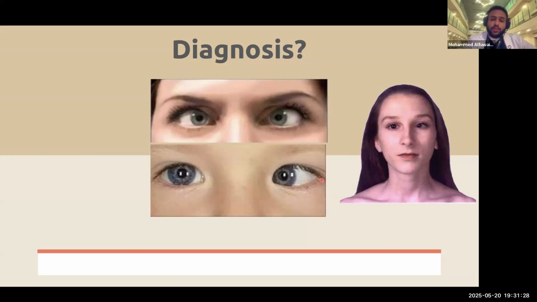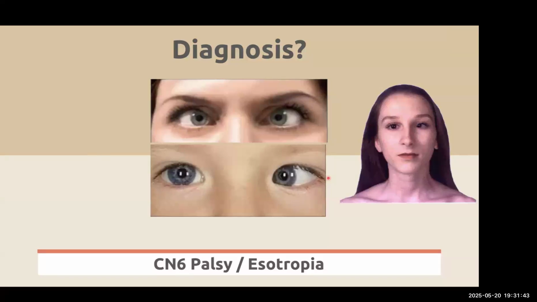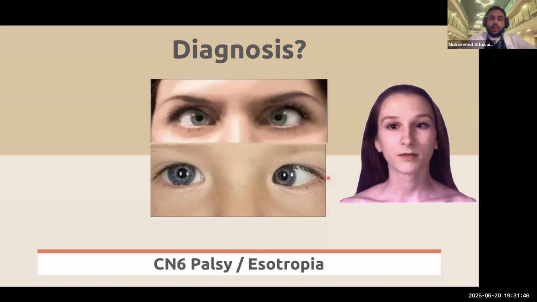Excellent, good. This is the involvement of cranial nerve 6, which is going to be the lateral rectus. Good. So this is what we call esotropia. What refractive error is associated with esotropia? Hyperopia. Excellent. Good. Remember this association.